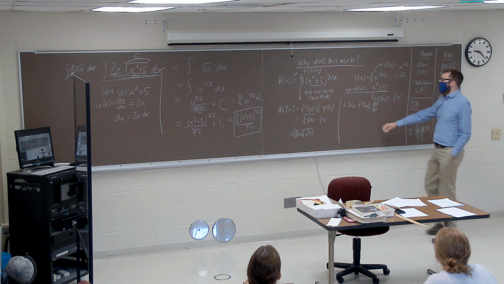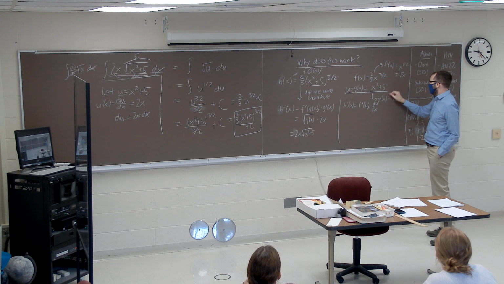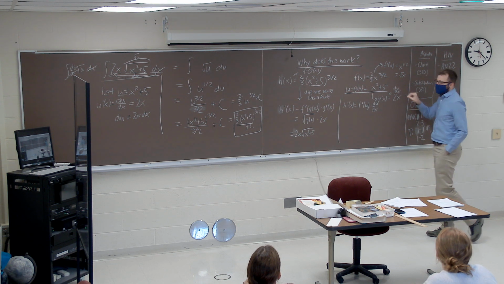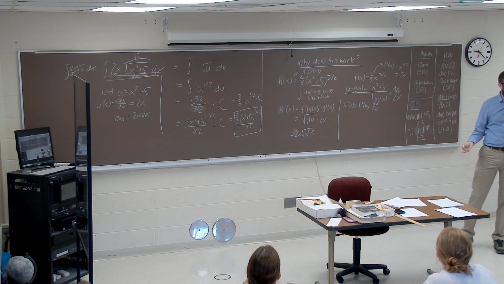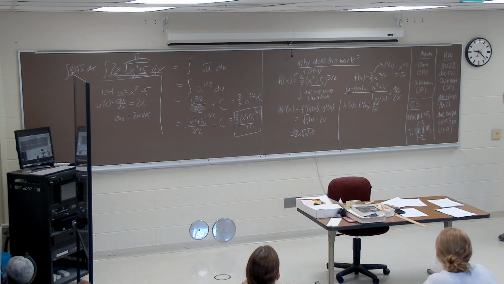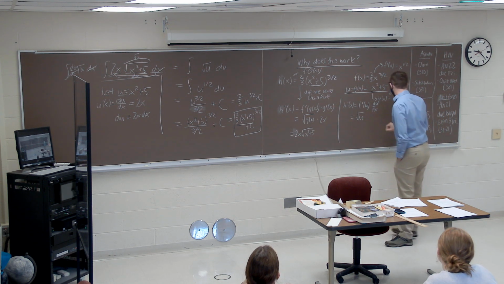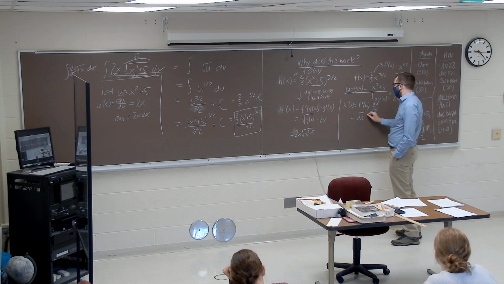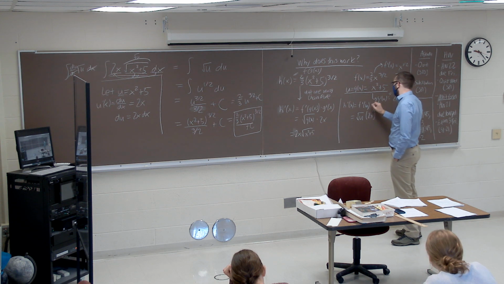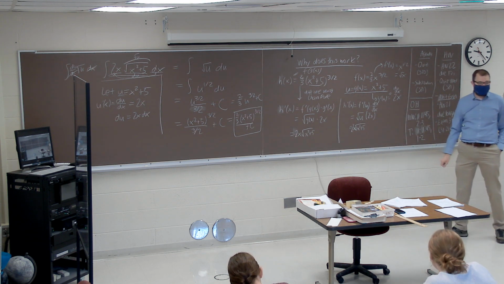Here, I'm replacing g of x with u and g prime of x with du dx, sort of mixing my Newton and my Leibniz a little bit for the sake of illustrating this. But then when we plug in f prime of u, that gives us the square root of u, and du dx was just this 2x term, and then when we plug our u back in, we get square root of x squared plus 5 times 2x in the exact same way.